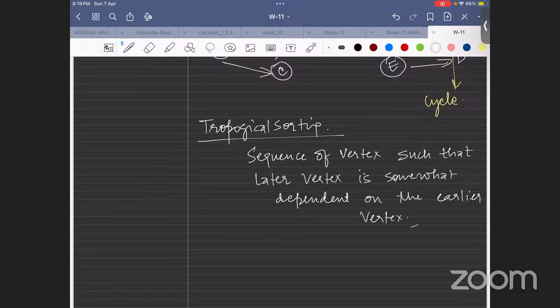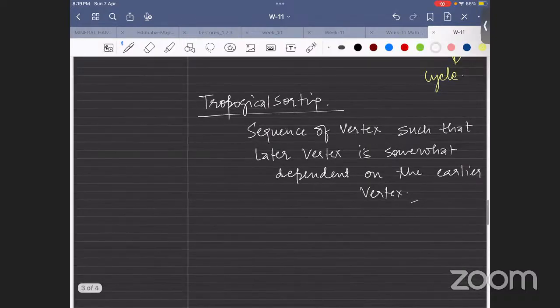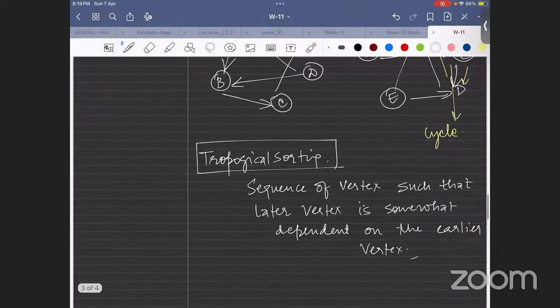The steps that you follow to write a topological sorting are also very simple. I'll just give you an example.